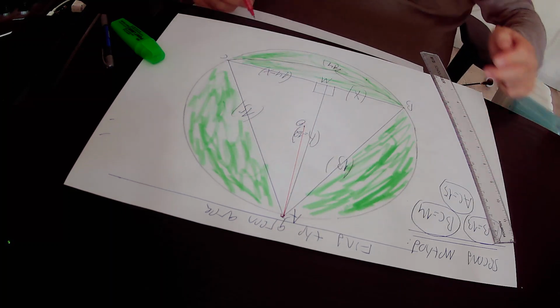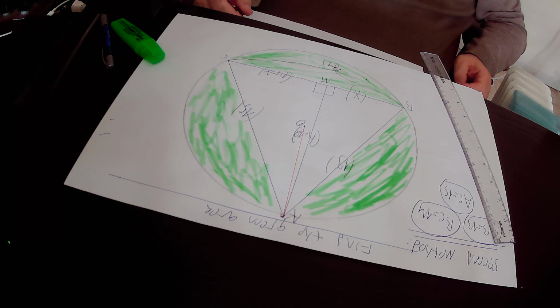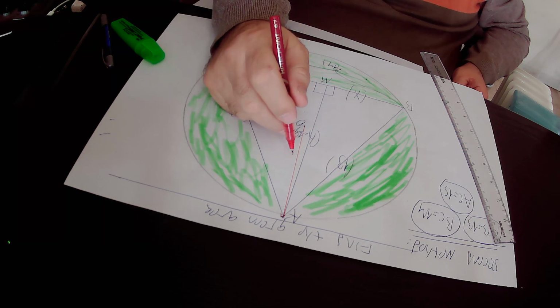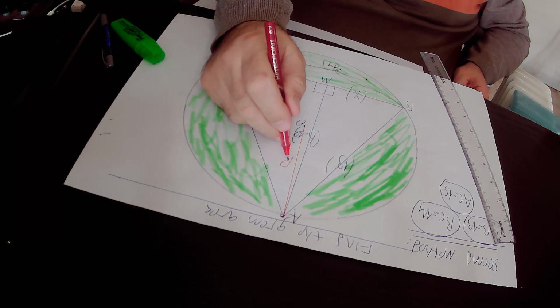Point O is the center of the circle. Point A is a point on the circle itself, therefore OA is the radius of the circle. We define the radius of this circle as R, so OA equals R.